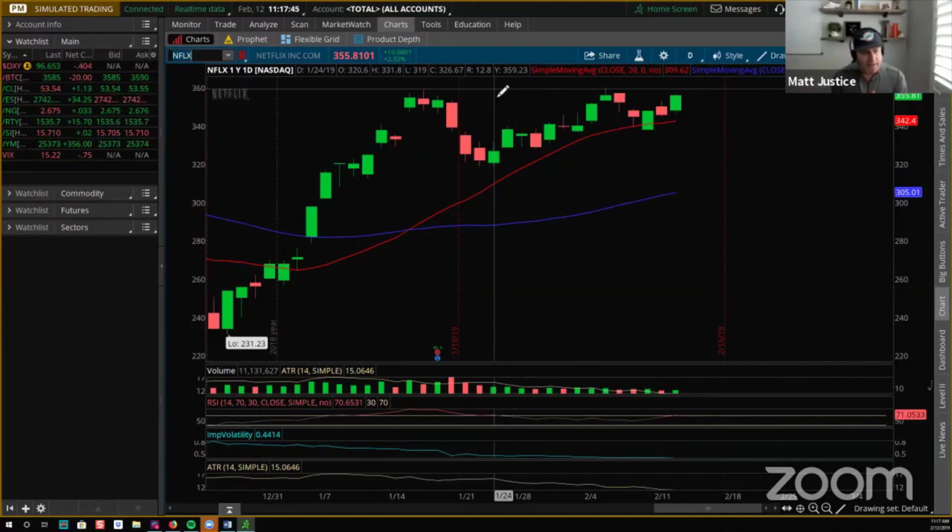Now, a lot of times that 50% of the ATR, and I want you to think about this, guys. Resistance, we give resistance a number, right, Tim? We give it a number. Resistance is at 360. But resistance on a stock like Netflix that trades literally $10 a day, it's not 360.